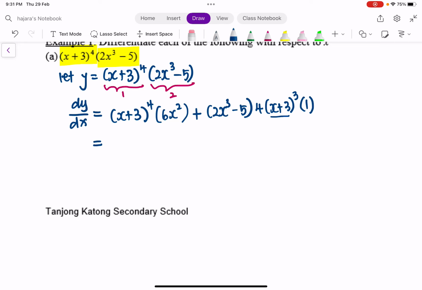Now usually we will not leave the answer in this form. We will simplify this by factorizing out any common factors. So in this case, (x + 3) power 3 is common. 4 and 6 also have common factors too. So I can factorize out the common factors.